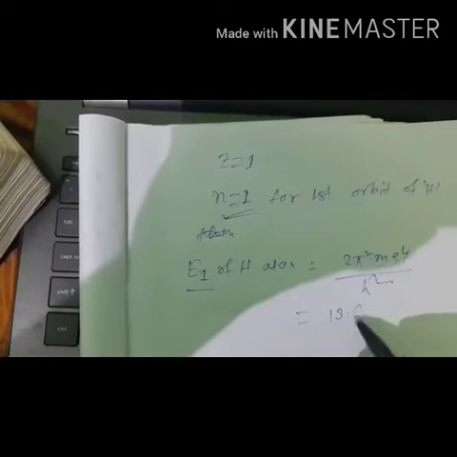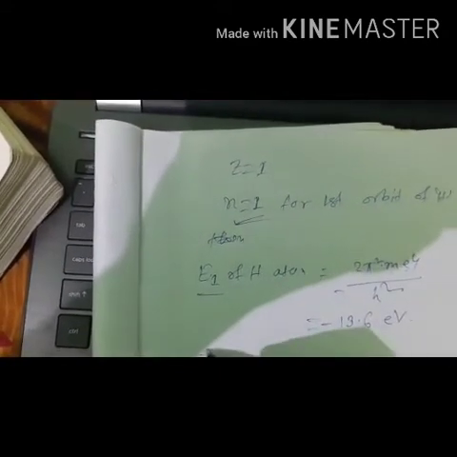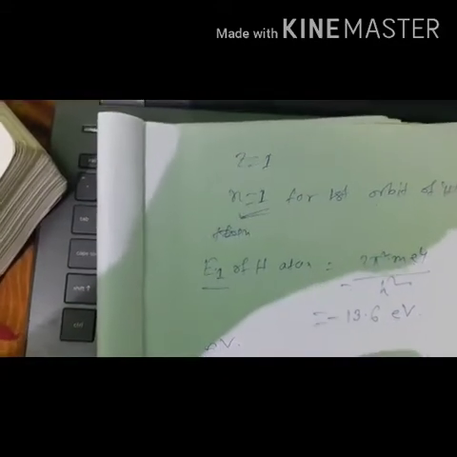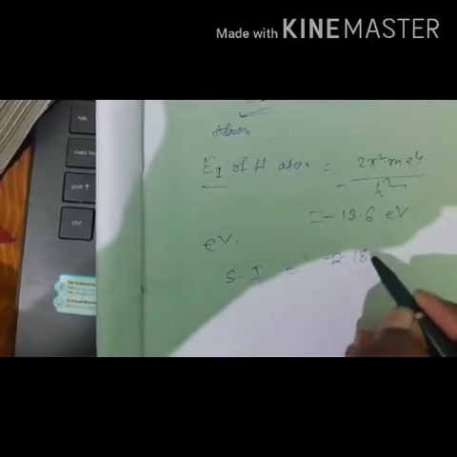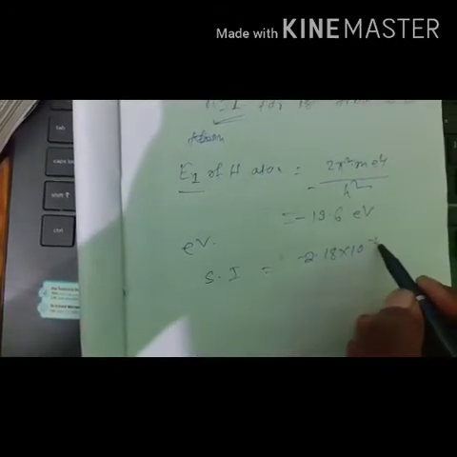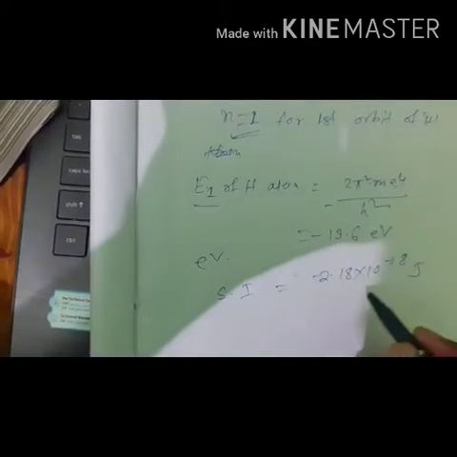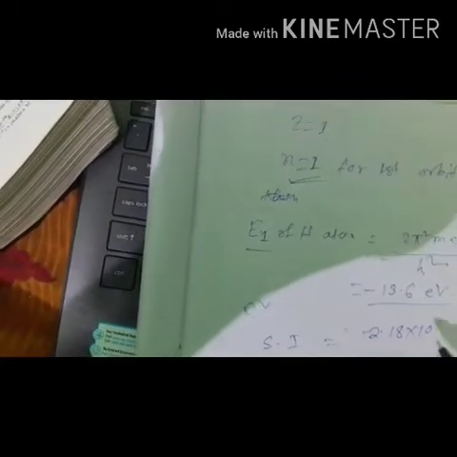On calculation it comes to minus 13.6 electron volt in electron volt units, and in SI units it will be minus 2.18 into 10 to the power minus 18 joule. So in electron volt unit, that is minus 13.6 electron volt.